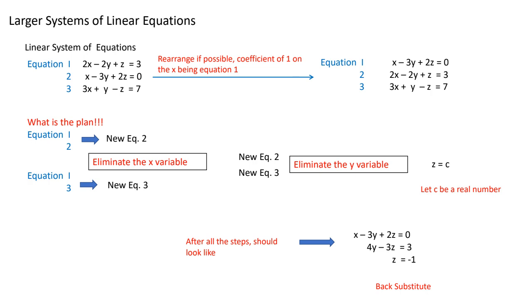The plan is to get rid of 2 out of the 3 variables. I'm going to take both equation 1 and equation 2 and eliminate the x variable from these two equations, the same thing that I had done before, except that I'm dealing with 3 variables now.